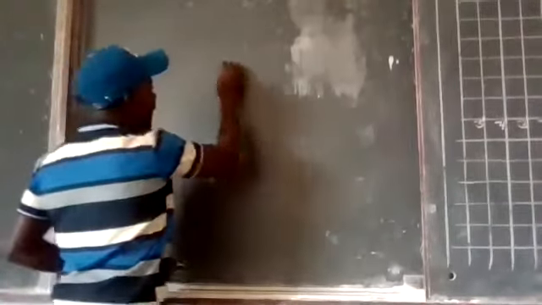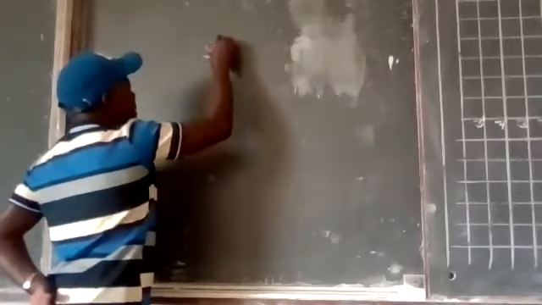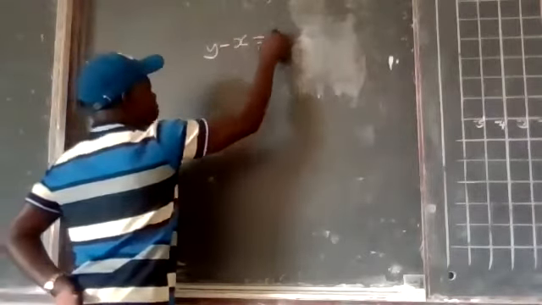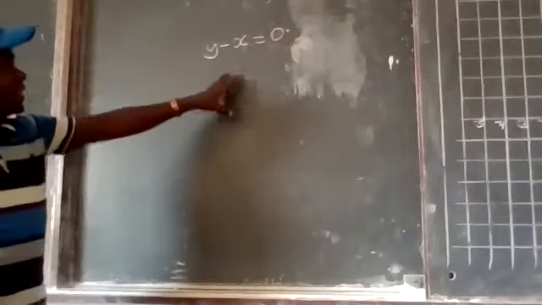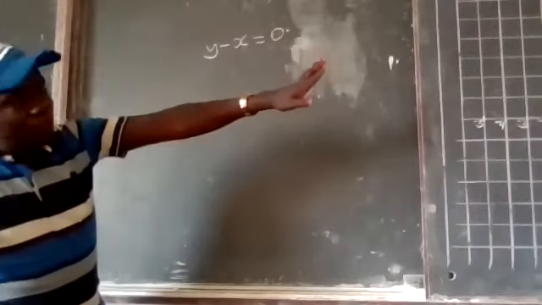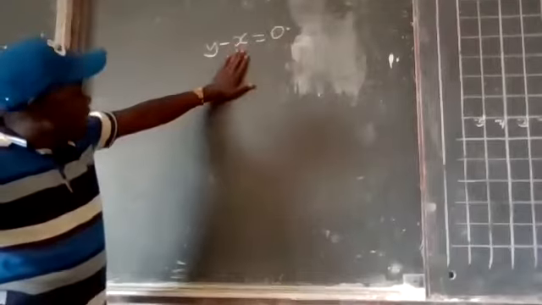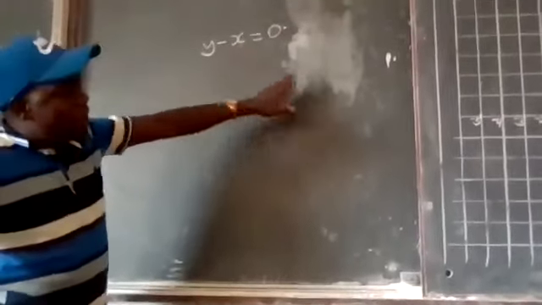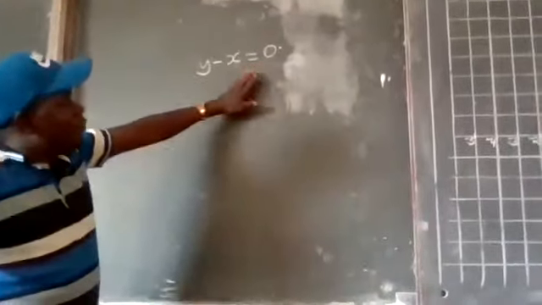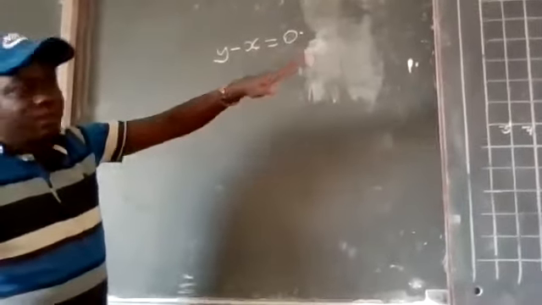I have to first put this line on the graph. This is our mirror line. I have to put it on the graph before I do any reflection.